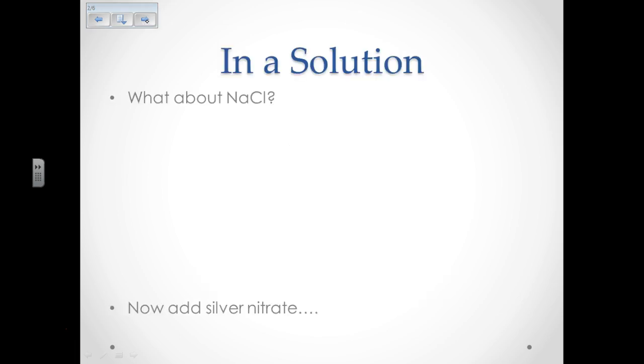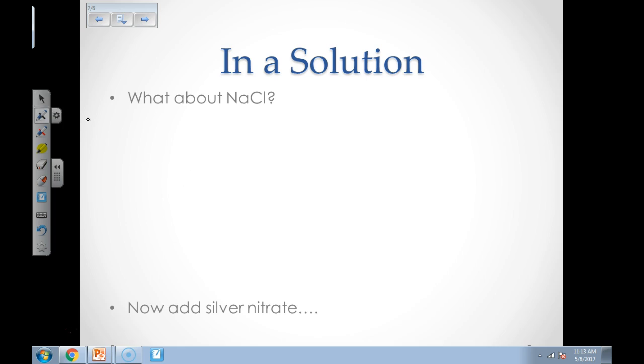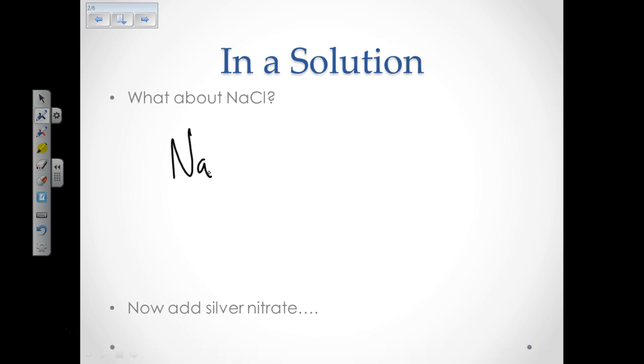So let's talk a little bit about solubility, even though I've talked about this at other points throughout the course. What we know is that when sodium and chloride are in water, the water is able to overcome the attractive force by what they call solvating.